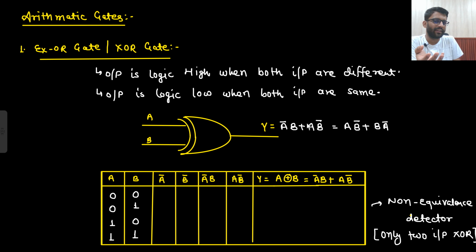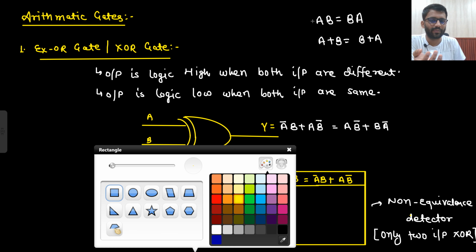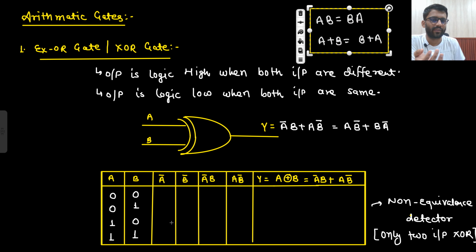Basically I just inverted the order, nothing else. This AB bar comes here and this BA bar comes here. AB is equal to BA, and A plus B is equal to B plus A. This you can do. So anyhow it can be replaced.